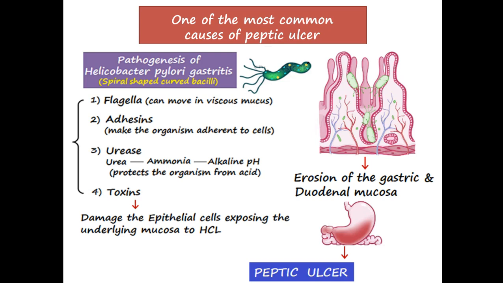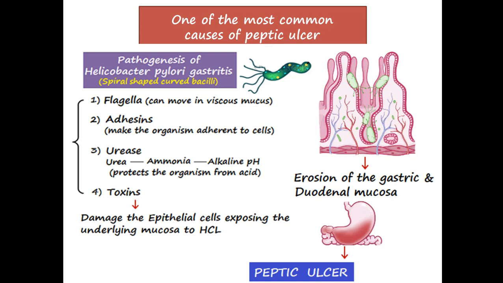Now the Helicobacter pylori, for its protection, secrete an enzyme known as urease, and this urease enzyme converts urea into ammonia, and ammonia is comparatively alkaline. So by converting urea into ammonia using the urease enzyme, the Helicobacter pylori produce a comparatively alkaline medium around itself, and in this way it protects itself from the harsh acidic environment.